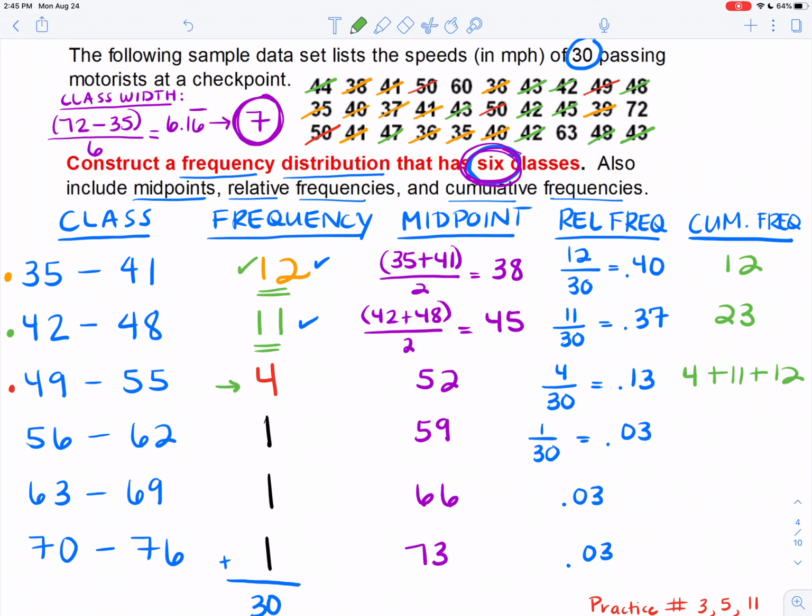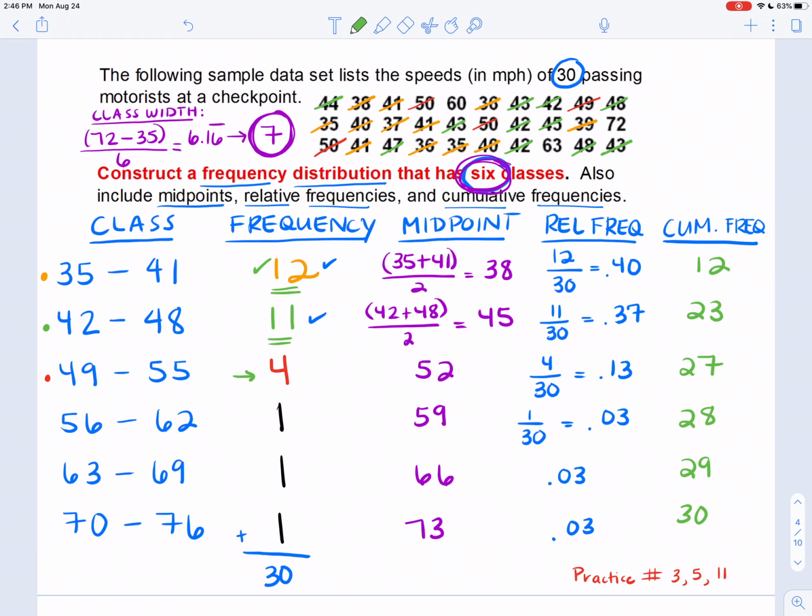But notice this is basically just like taking that 4 and piling it in there with the 23, because when I add these together, I'm going to get a cumulative frequency of 27. So really, what you're doing is taking the cumulative frequency that came before and just adding in that class. Like if this has a frequency of 1, that'll put this at 28, then 29, and your last cumulative frequency should always be the same thing as the total frequency.